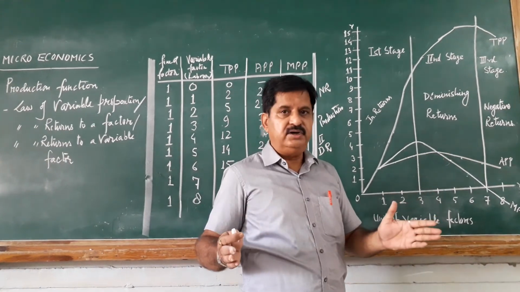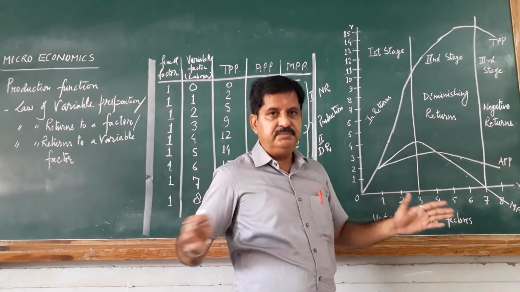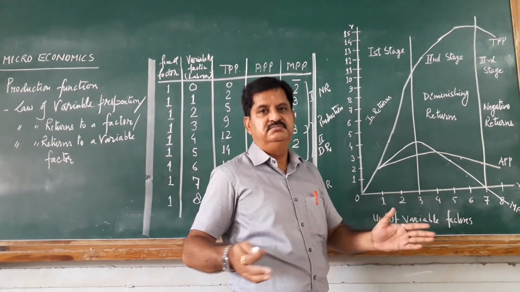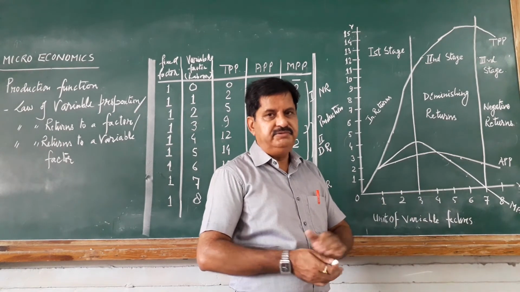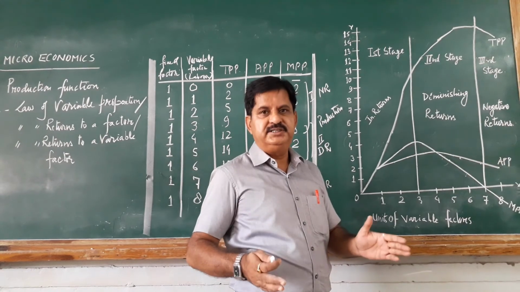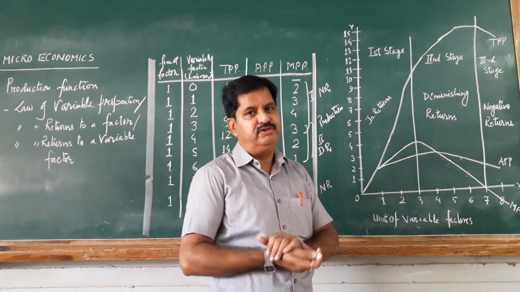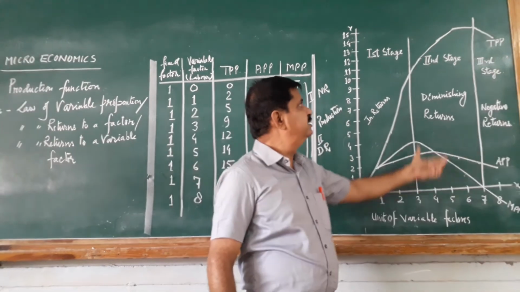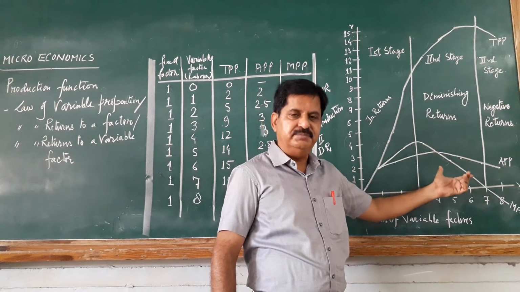Thirdly, there is a limit of specialization also. The work cannot be divided beyond a certain extent. So division of labor and specialization can be done to the maximum only. There is no further scope for that. So that is why the production increases but the rate is diminishing.